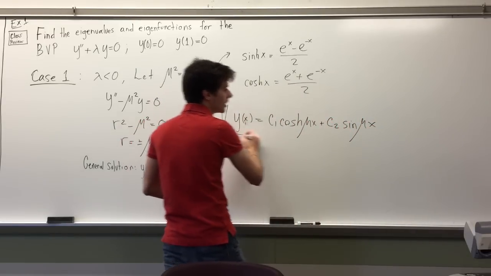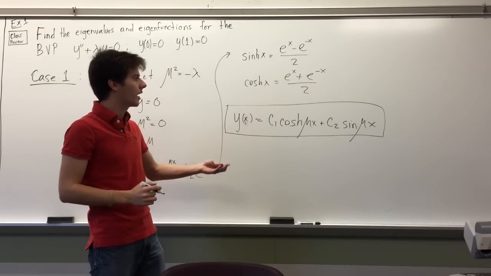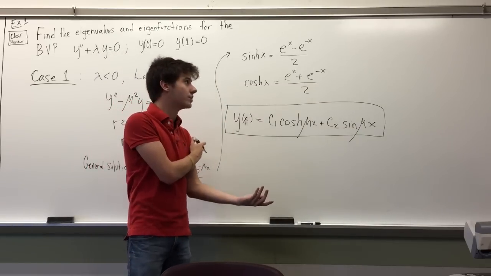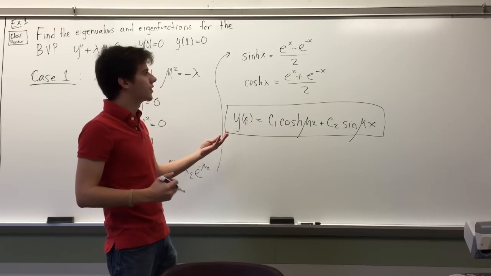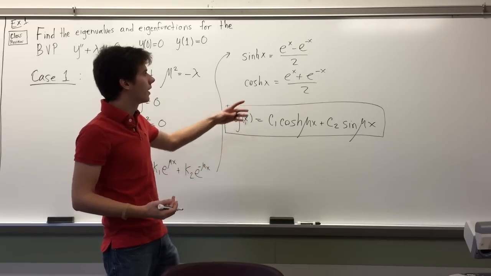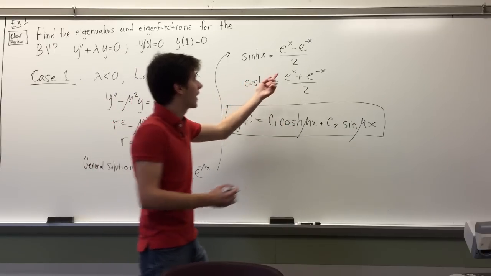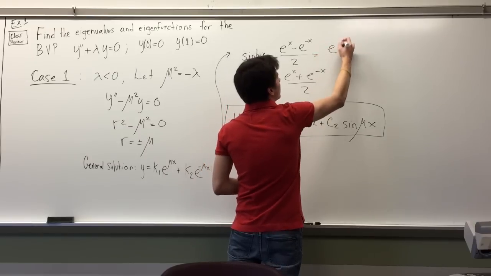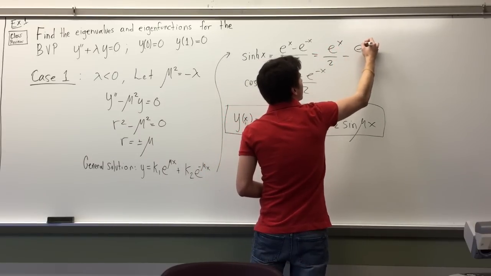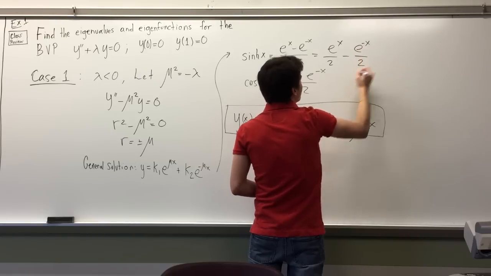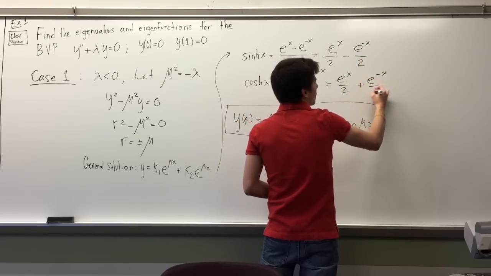This is the solution that we're going to use because it's more convenient when we apply our boundary conditions. But I just want to emphasize that the sinh and the cosh just come from the fact that this is just e to the x over 2 minus e to the negative x over 2, and this is just e to the x over 2 plus e to the negative x over 2.